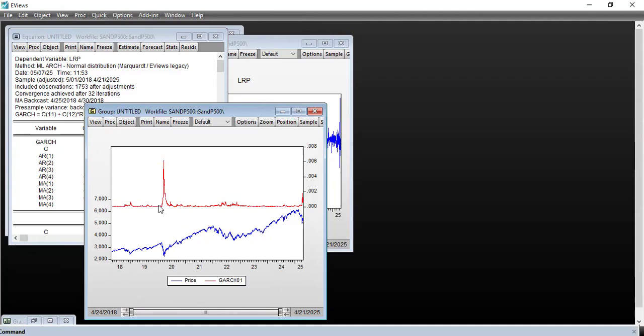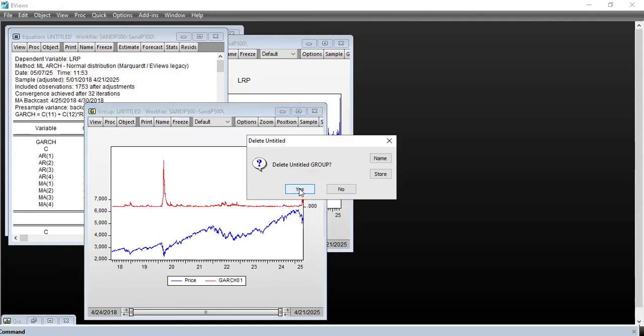You see, if it is going down, negative shocks have more effect than positive shocks. Remember this thing.